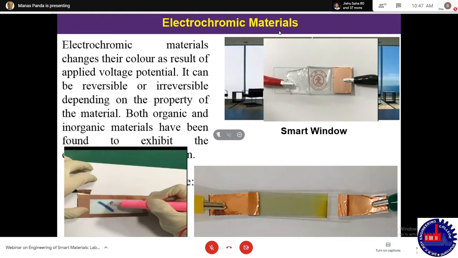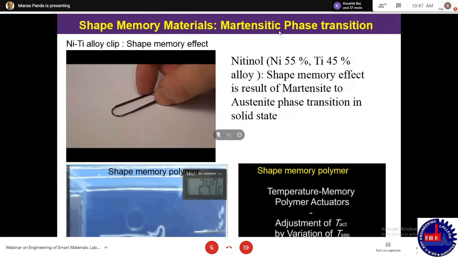Okay. Now coming to another interesting material, which is shape memory material. All of you have probably seen that, in order to improve your looks, you put the metal, what is that called?